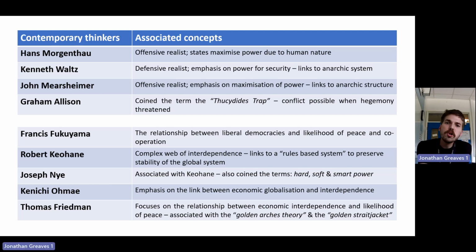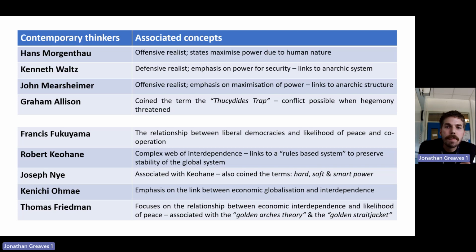Liberals. Fukuyama. All liberals generally believe the same thing, much like the realists. So, if you do mix these up, I wouldn't worry too much. But if we're being very specific here, Fukuyama emphasizes the importance of liberal democracies in the context of the likelihood of conflict.